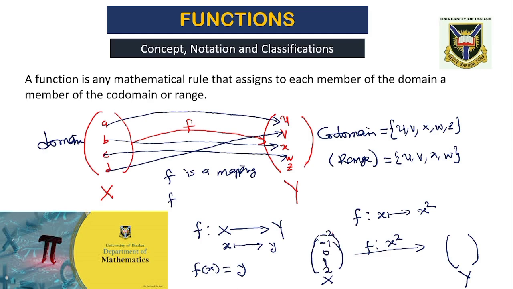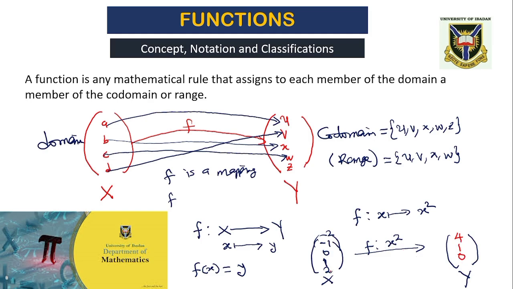For each x here, if I put minus 2 into this function, what do we have? When x is minus 2, that is minus 2 squared, and we get 4, isn't it? Then if you put minus 1 squared, you get 1, right? If you put 0, 0 squared is 0. And if you put 1, you get 1. Okay, 1 is already there, I don't need to repeat it.